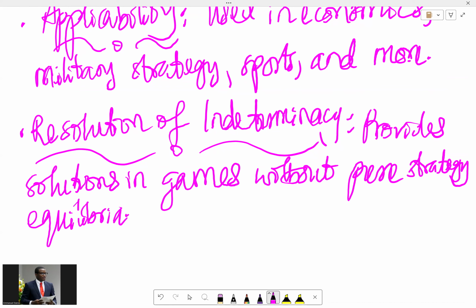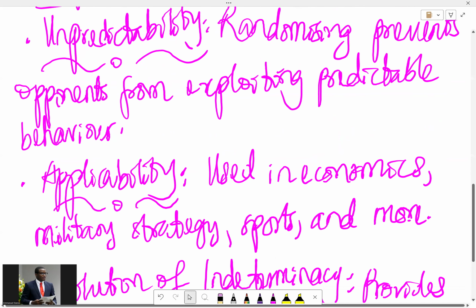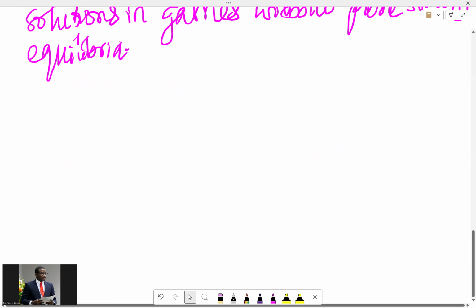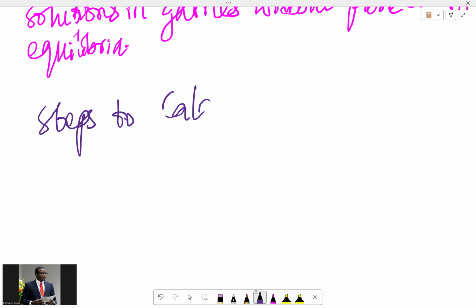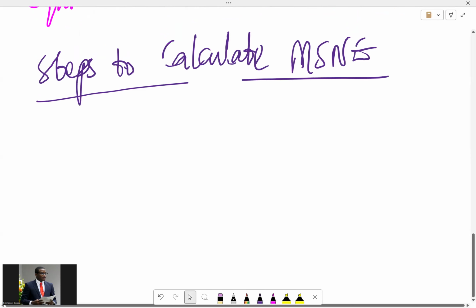Okay. So now let's talk about the steps to calculate mixed strategy Nash equilibrium. The first thing is to define the game.